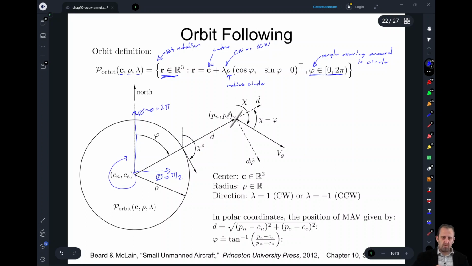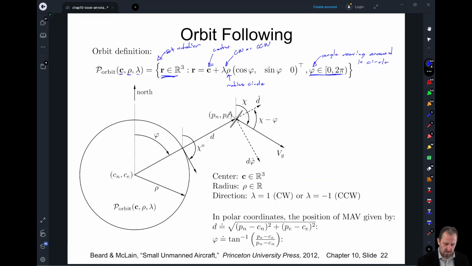So we move that angle phi. We just are basically taking this vector, a vector of radius rho, and we're just rotating it around the circle. Okay, so I'm going to get rid of that so that we can write some other stuff here. So this defines all of the points on the circle.